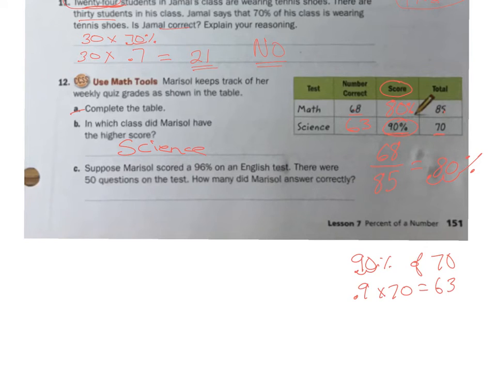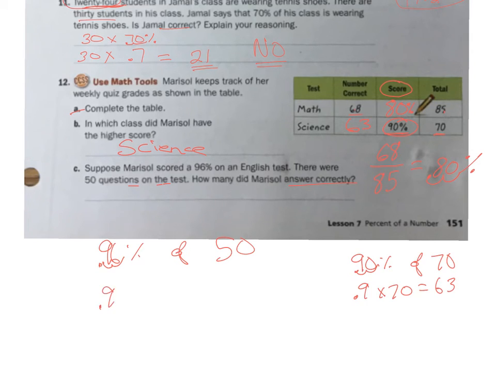Okay. Suppose Marcel scored 96 on an English test. There were 50 questions on the test. How many answers did he get correctly? 96% of 50. Okay. 1, 2.